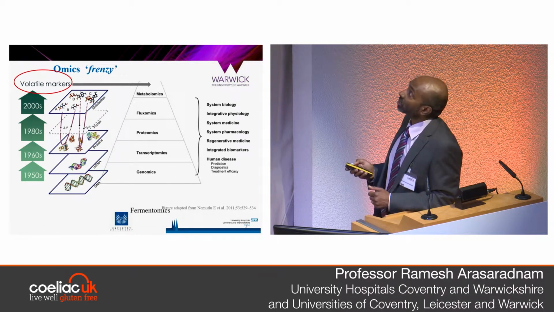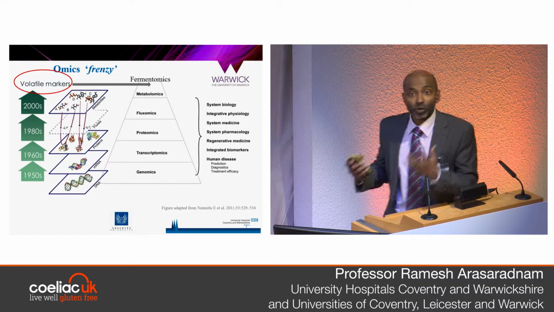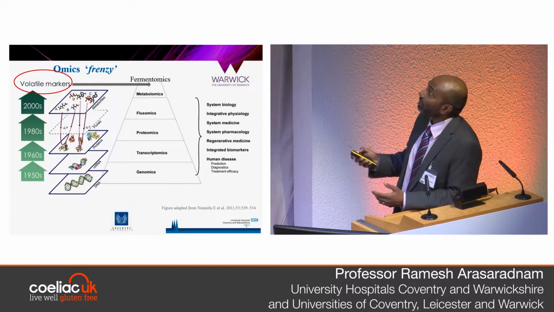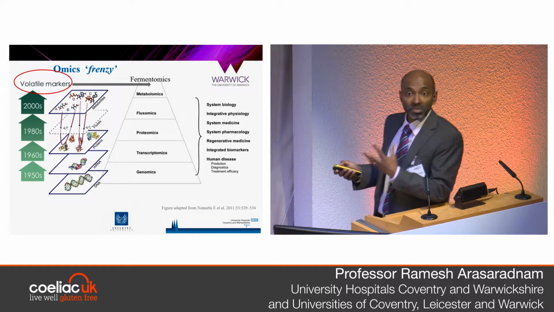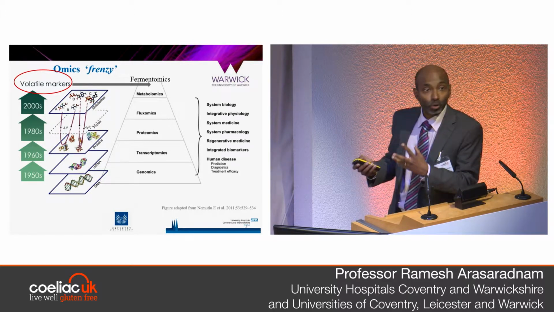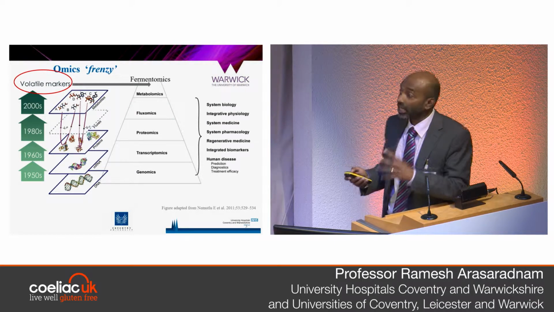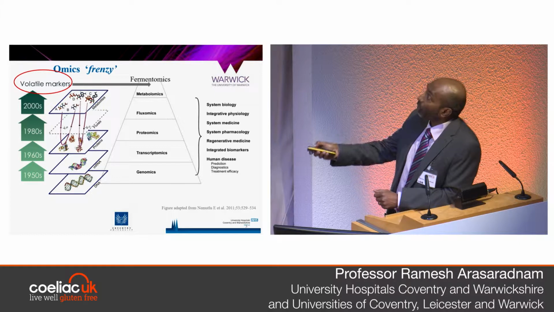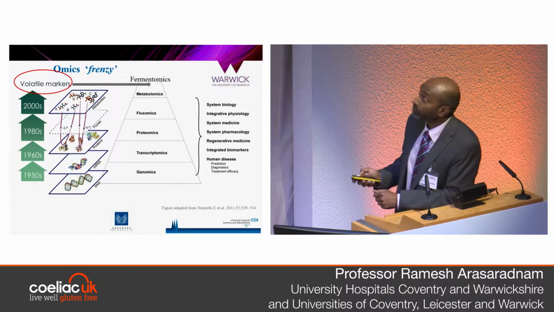This is the term which we have coined, fermentomics, which is really looking at the cellular interactions and the specific gases and metabolite products that are being produced at cellular level. Still giving you very important information, obviously building on what we know from genomics and protein data.